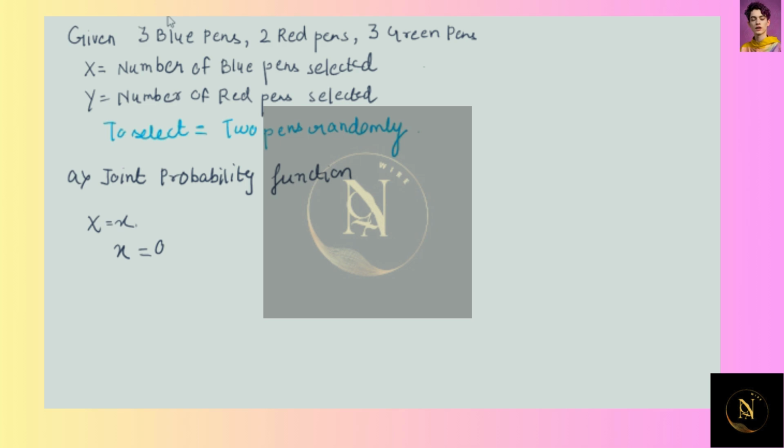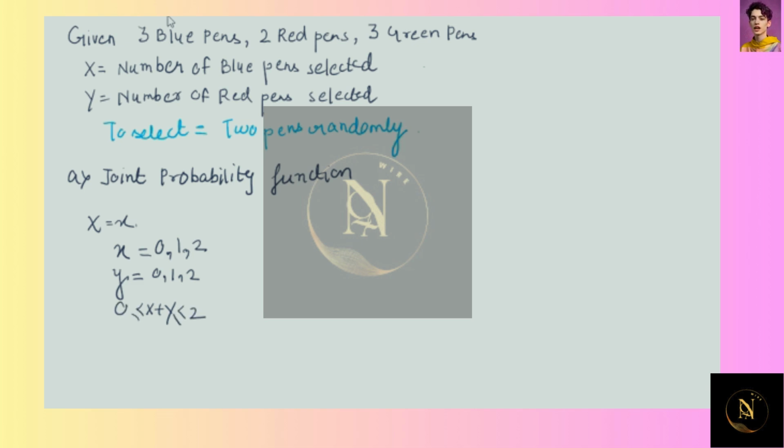Because we can either select 0 blue pen or 1 blue pen or 2 blue pens. Similarly, y could be equal to 0, 1, 2, because we can at most select 2 pens. We know that x plus y is the total number of blue and red pens selected, and that can't exceed 2. So we can write that x plus y could be from 0 to 2.